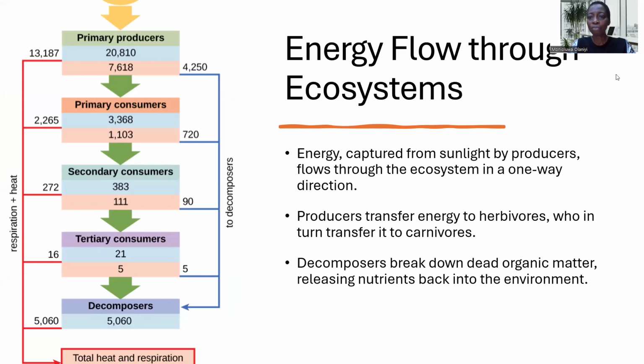How does energy flow through the ecosystem? Energy is captured from sunlight by producers, and then it flows through the ecosystem in one-way direction. Producers transfer the energy to herbivores.